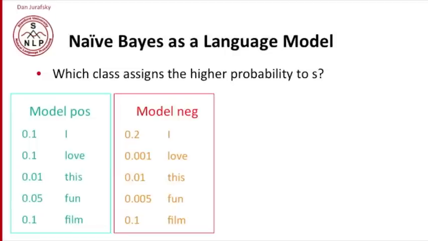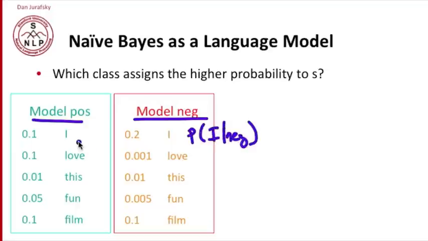So when we ask the question, which class assigns a higher probability to a document, it's like we're running two separate language models. So here I've shown you two separate language models, the positive class and the negative class, and each one has separate probabilities. So here's probability of I given negative, and here's probability of I given positive.